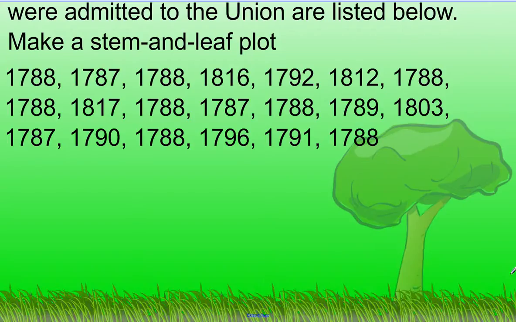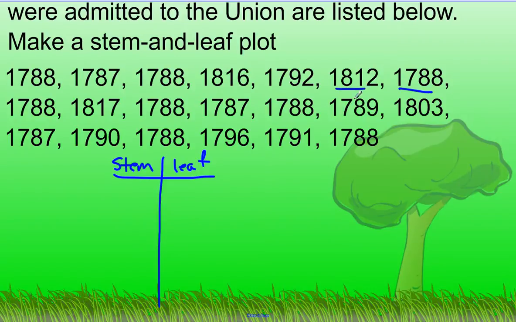So, I'm going to start by making the stem and leaf. Now, since you're only allowed to have 1 leaf per number, the stem in this case is actually going to be 3 numbers long.